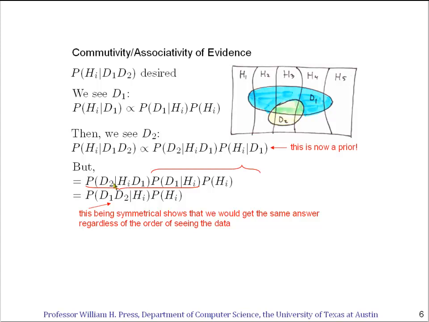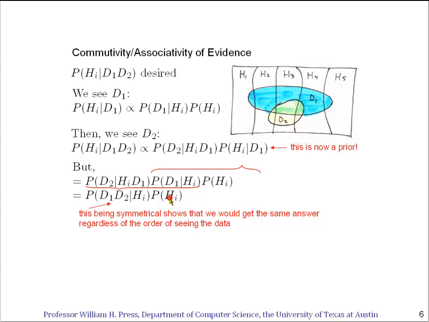The probability of D2 given D1 times the probability of D1. Okay? Well, that's the probability of D1 and D2, with, again, the H sub I being the given in here, here, and here. So that's the answer for those two terms.